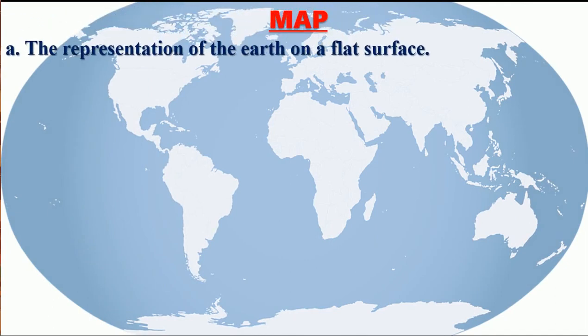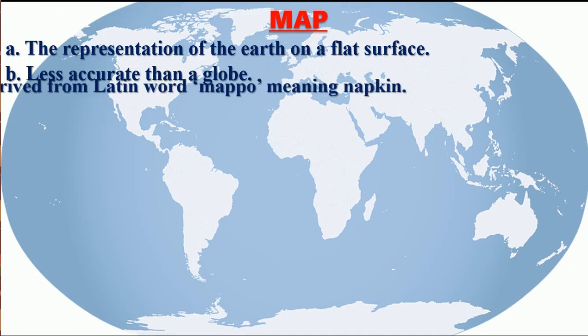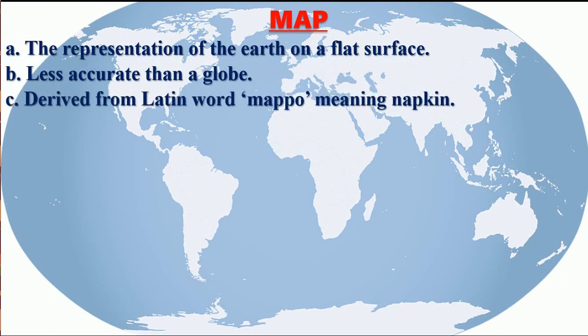A map is the true representation of the Earth on a flat surface. Though it is a flat representation, it is less accurate than a globe. The word map has been derived from a Latin word mapo, meaning napkin.